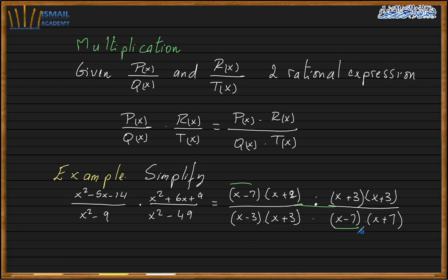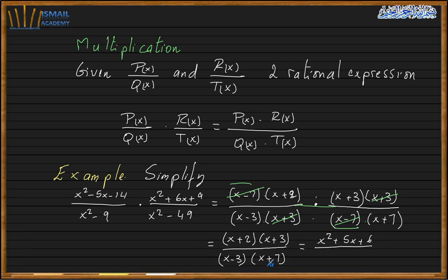There we go. Times x plus 3 over x minus 3. FOIL the denominator, plus x. So sometimes you can FOIL the denominator, sometimes not. Sometimes you can, sometimes you need it.